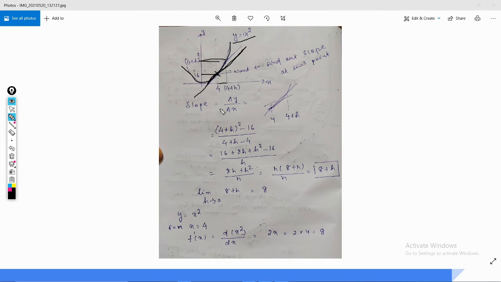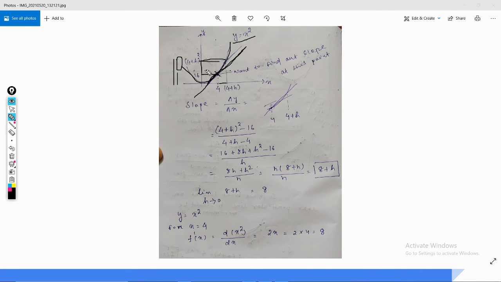So we need to find the slope here. Slope is nothing but delta y by delta x: what is the change in y with respect to the change in x? So we need to find this distance, right? From this to this, minus from this to this, it will give you this distance.